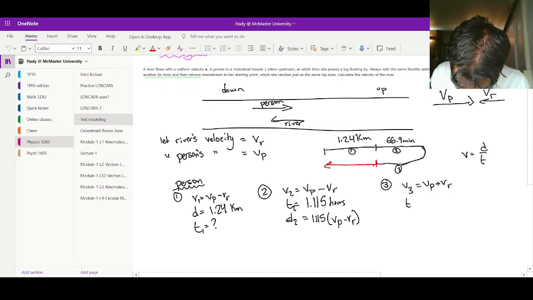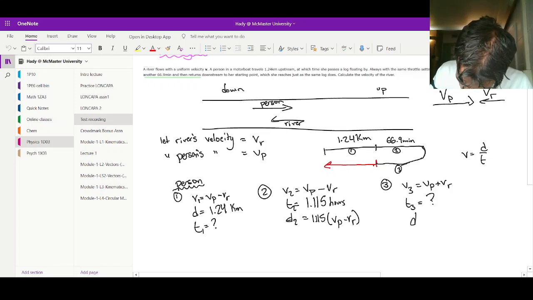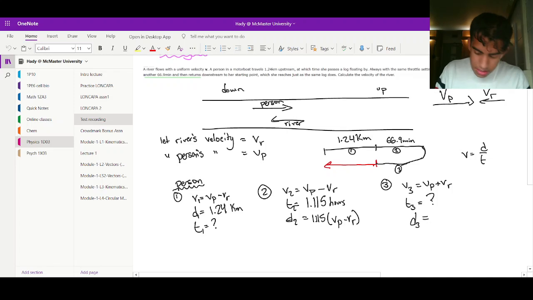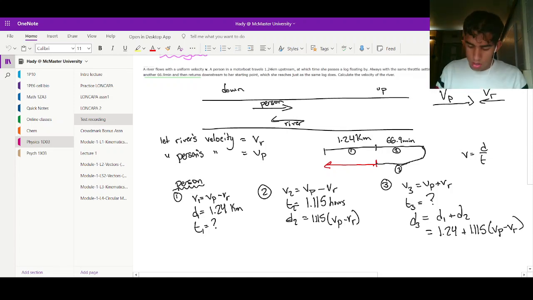Our time we don't know. And distance 3 is equal to distance 2 plus distance 1. We know distance 1 is 1.24 kilometers plus distance 2, which is 1.115 times (VP minus VR). Perfect.